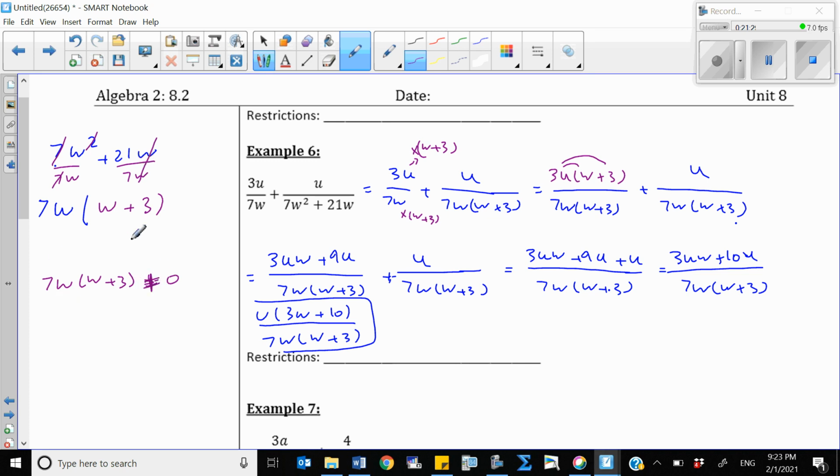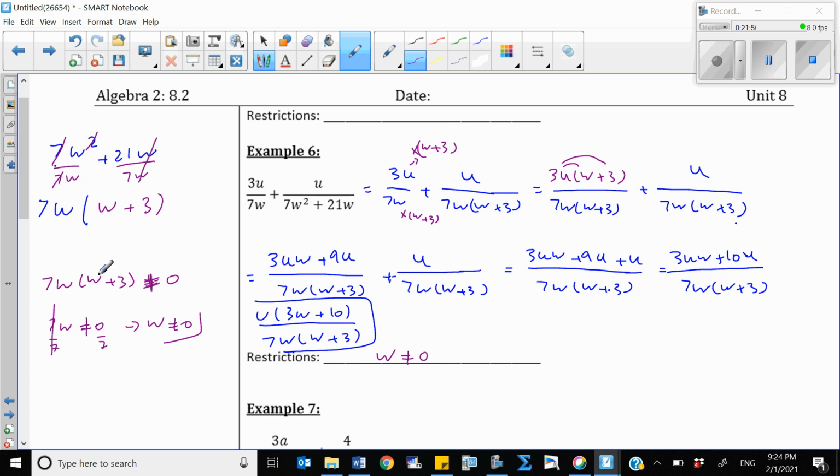So to solve that, we're going to set each factor equal to 0. 7w basically not equal to 0. Then you divide both sides by 7. These two cancel, and it will be w not equal to 0. So this is our first restriction. w should not be equal to 0.